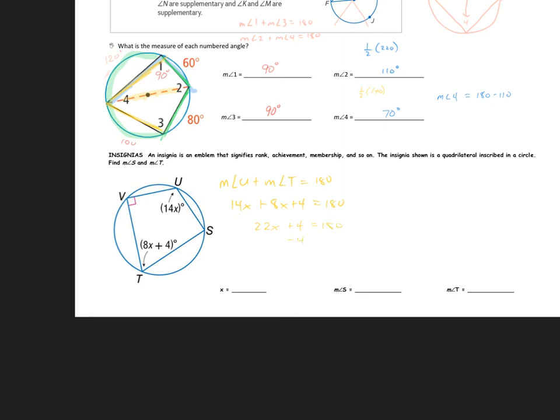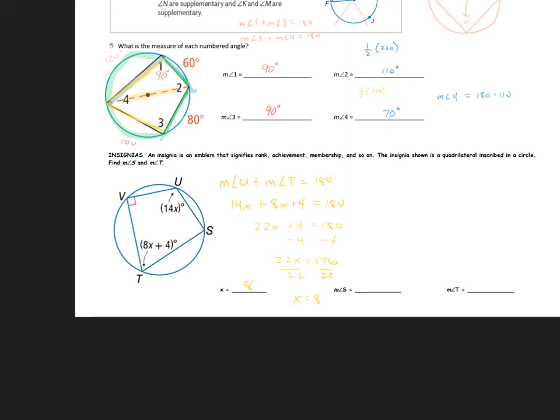I'm going to subtract the 4 from both sides, so we get 22x is equal to 176. I'm going to take 176 and divide it by 22, and I get that x is equal to 8.